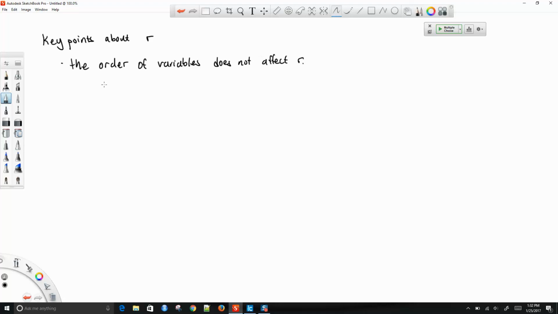The correlation between x and y is exactly equal to the correlation between y and x.